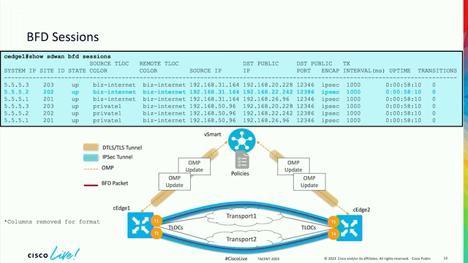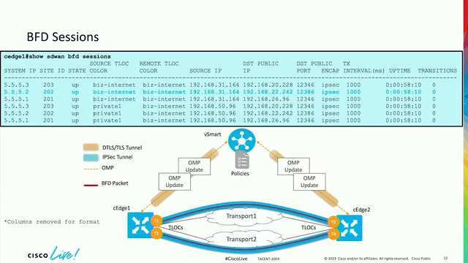Please notice these two IP addresses are going to be very useful for the next slide. Important things are source and destination, and also the uptime. So maybe we don't have reachability, but if we see that the uptime has been 48 hours, maybe 2 weeks, okay, the BFD session is stable. So we may suspect a routing issue.